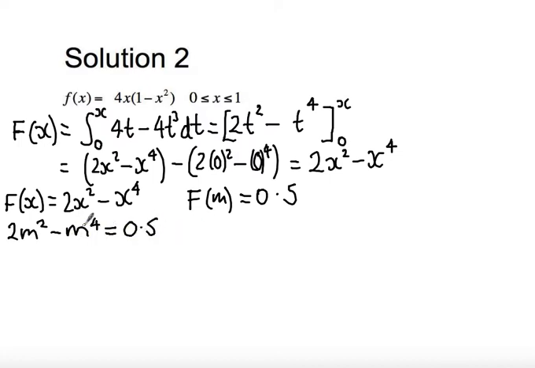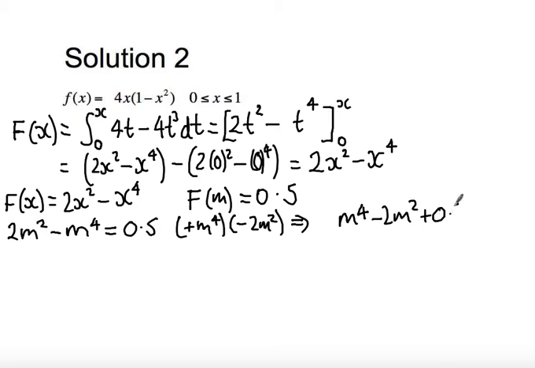I'm just going to rearrange this equation so that I have the m to the 4 and the 2m squared all on the same side. So I'm going to add m to the power of 4 to both sides, and subtract 2m squared from both sides. This leads me to the equation m to the power of 4 minus 2m squared plus 0.5 equals 0.